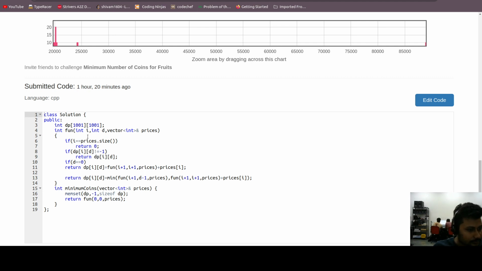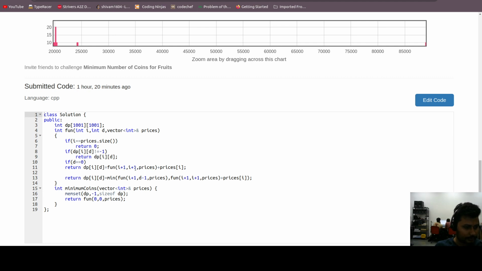So i represents the place where we currently are, and d represents how many next fruits we can get free. If you have no option to get any next fruit free, then we have to buy that one.